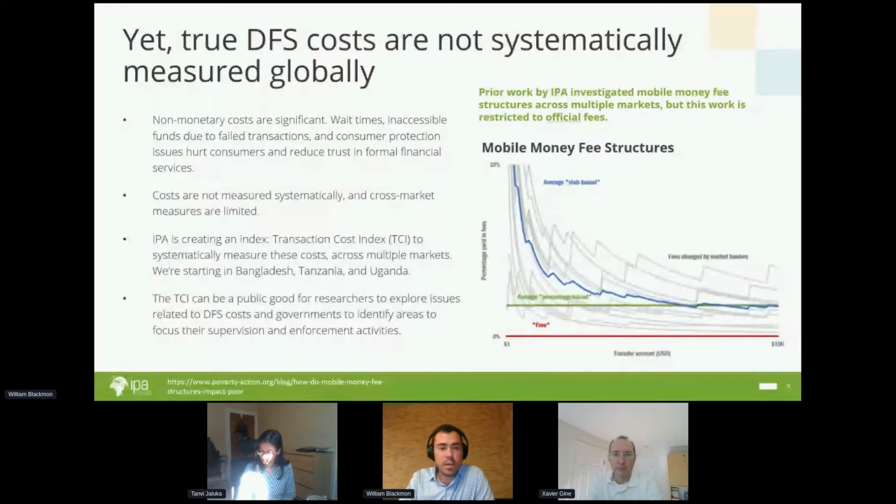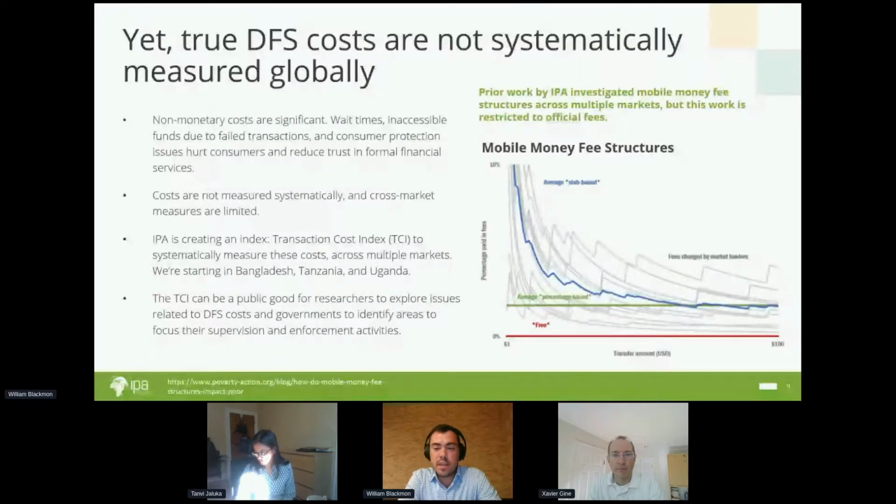So one component beyond the official fees is potential overcharging by agents, as I mentioned before. But we also know that there's a broad category that we call non-monetary costs that are quite important. So beyond the fees that you pay, official and unofficial, there can be things such as long queuing times, particularly in urban areas, and failed transactions.